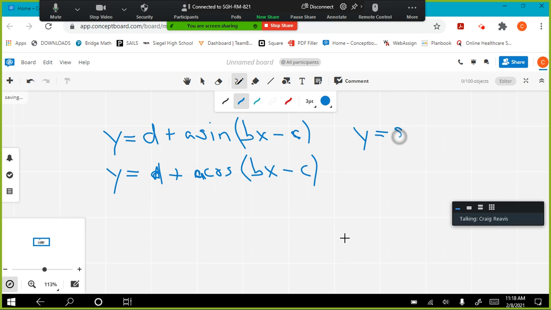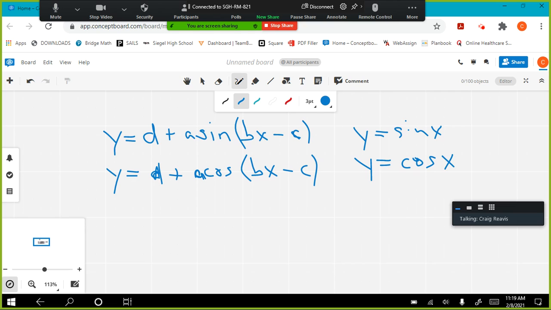Our most basic, or the parent function, is just y equals sine of x, and y equals cosine of x.